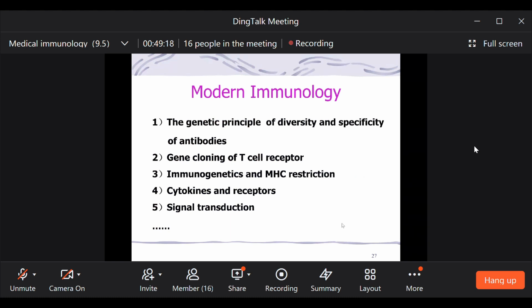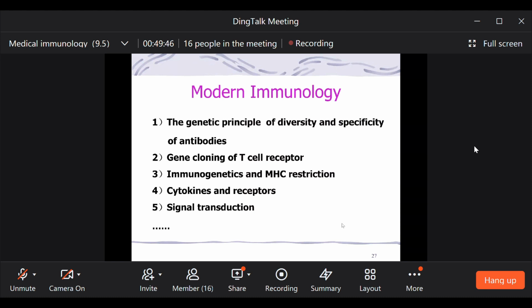And so much work has to be done to explain the mechanism of the immune response, and of how T cells, B cells and other lymphocytes respond for defense.